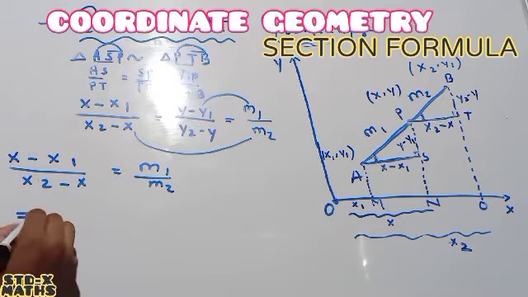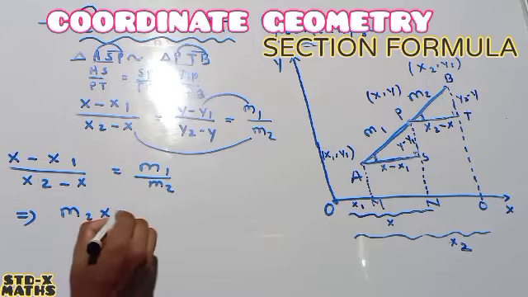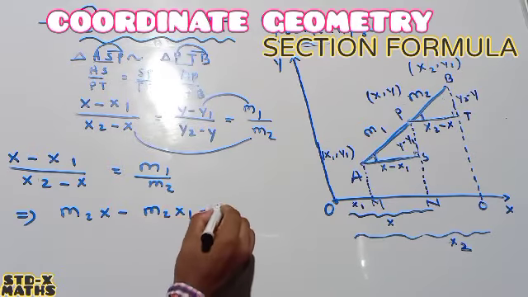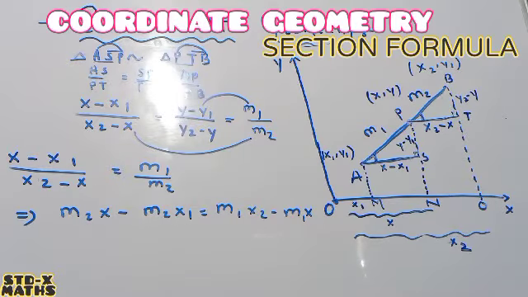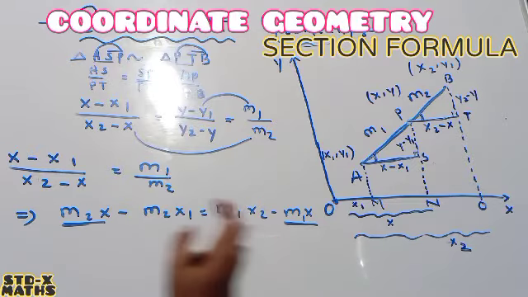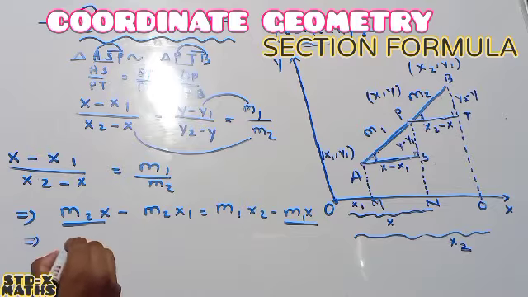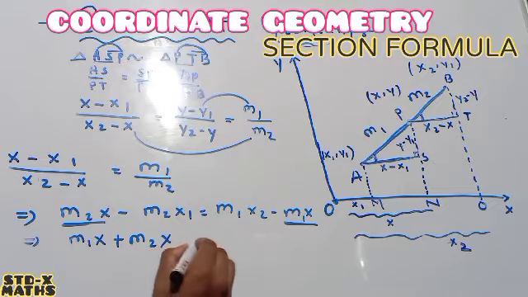On cross multiplication, you will get M2 x minus M2 x1 is equal to M1 x2 minus M1 x. Here we are getting one term with x, and here we are getting another term with x. So both these terms I am separating to the left side: M1 x plus M2 x.